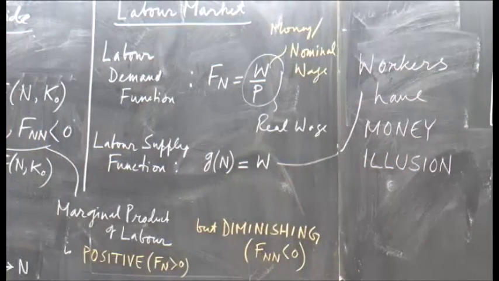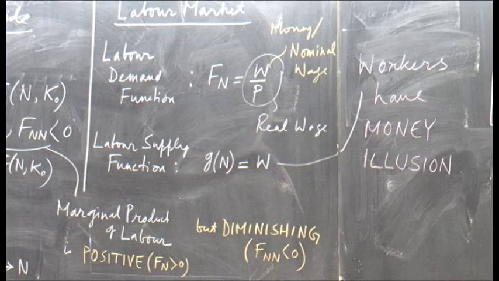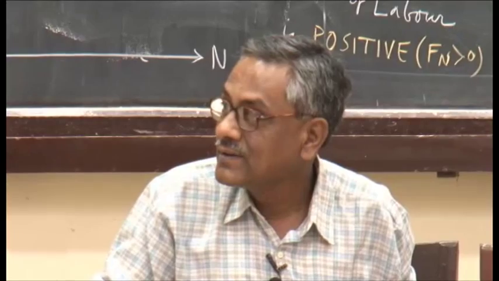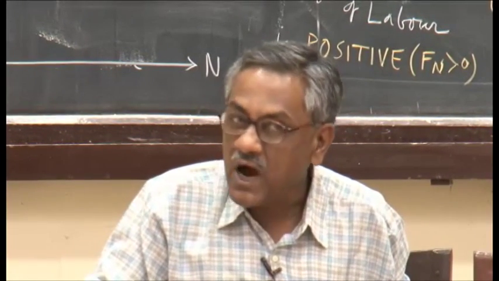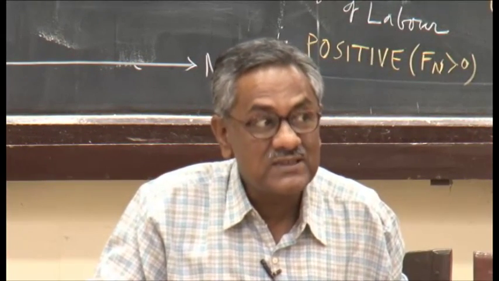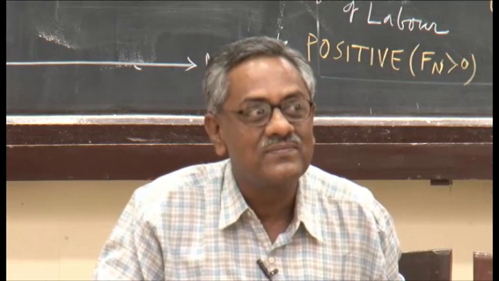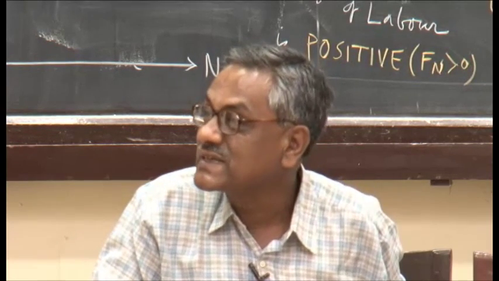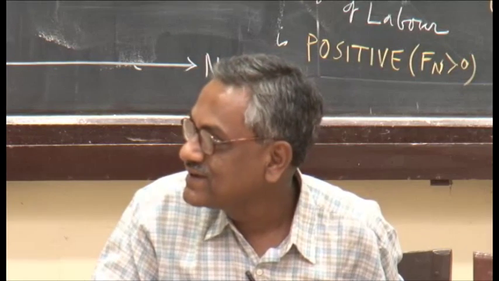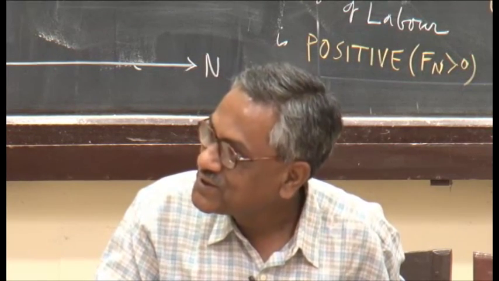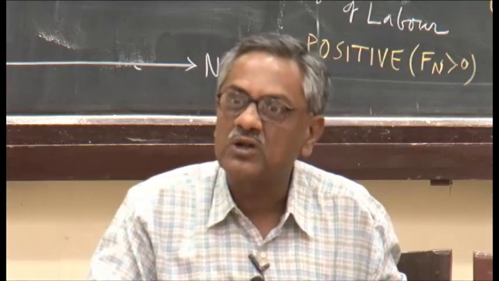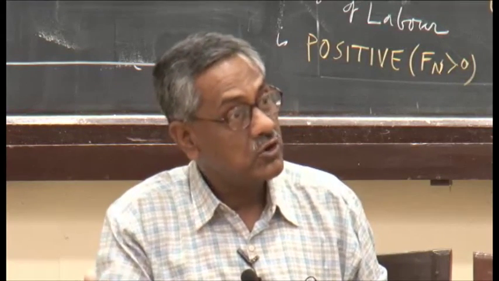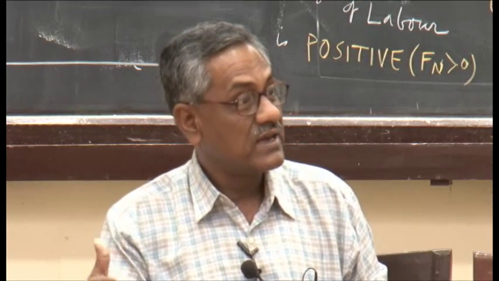Illusion means if I'm paid this year 10,000 rupees and last year I was paid 9,000 rupees, I'm very happy I get 1,000 rupees more. But a smart fellow would see from last year to this year how much prices have gone up. Is that 1,000 rupees extra that the boss is giving me good enough to buy all the goods that I could have bought last year, plus something more? Because it looks like I have an increased income.